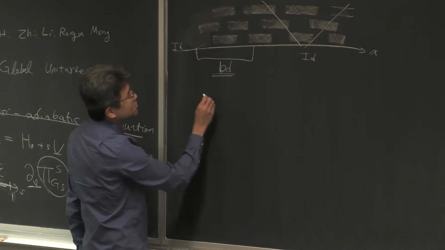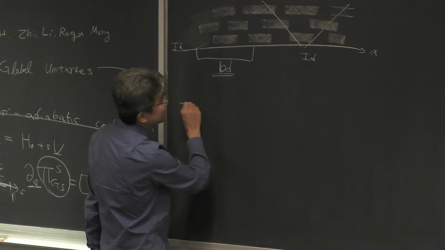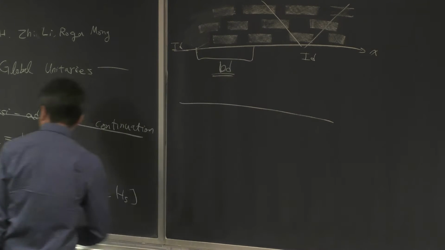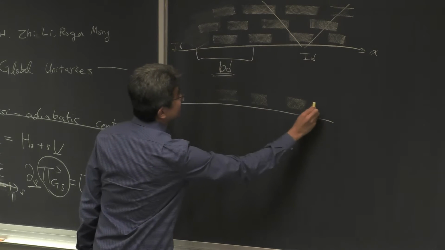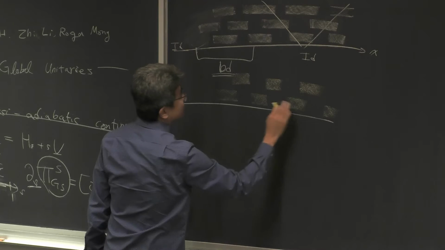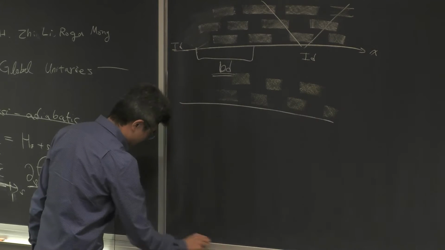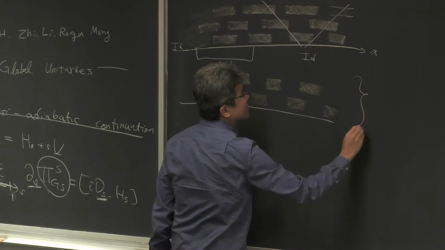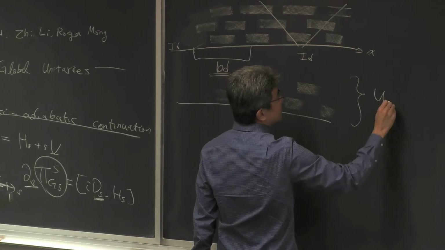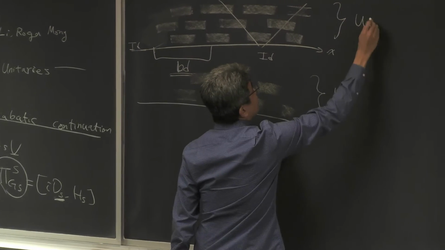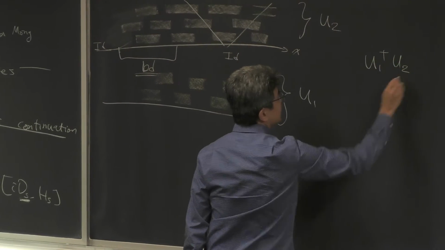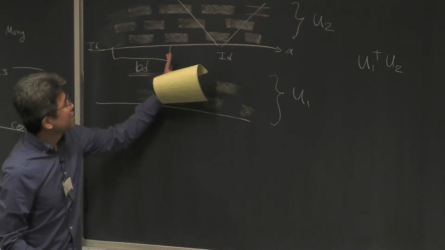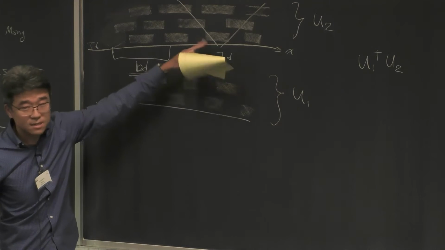But whatever I do, if I have two different droppings, and everything here is the same, then if I look at the difference, everything on the far right will cancel off.